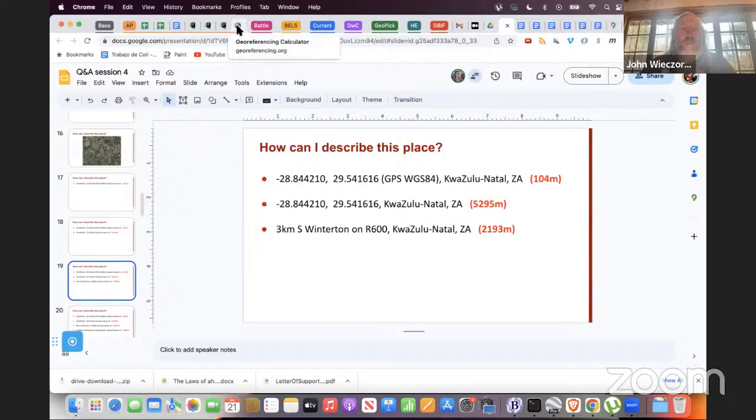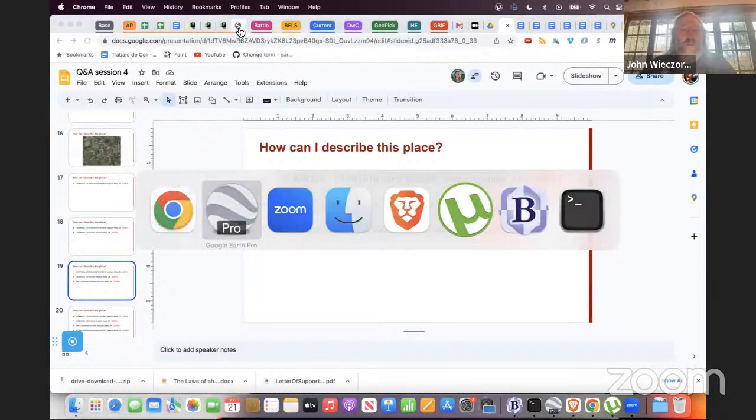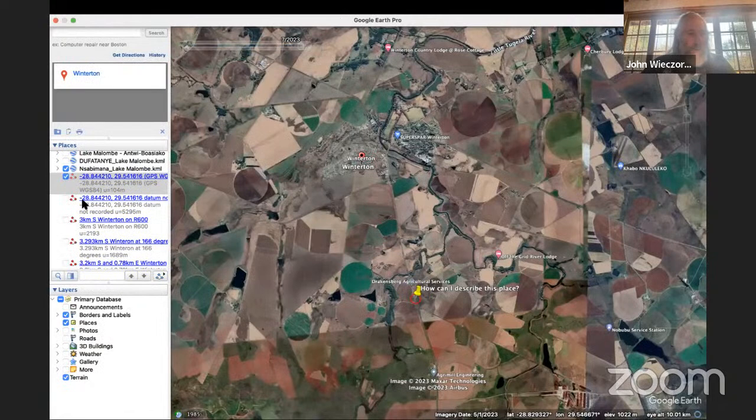So let's look at the results on the map. So this one should be 3 kilometers south of Winterton on R600. Now, the center is in exactly the same point, because remember, that's the place we're trying to describe. So all of our coordinates should end up being exactly on the same marker.